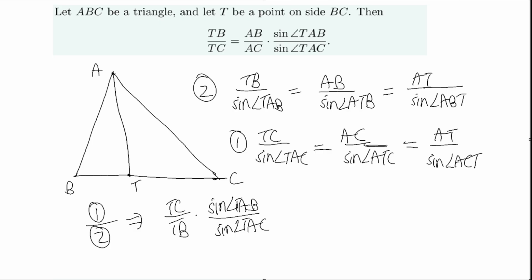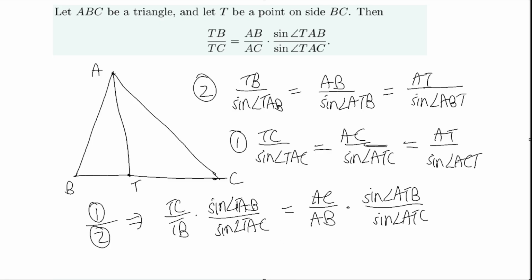And now we want to figure out which of these expressions here we want to divide. For example, we could divide this one by this one, or this one by this one. Since we have an AB and AC over here, it makes sense to divide these two. So when we divide them, we get AC over AB times sine angle ATB on the numerator and sine angle ATC on the denominator.